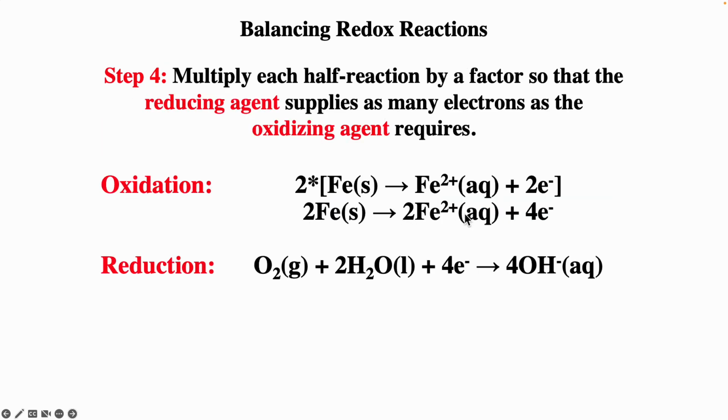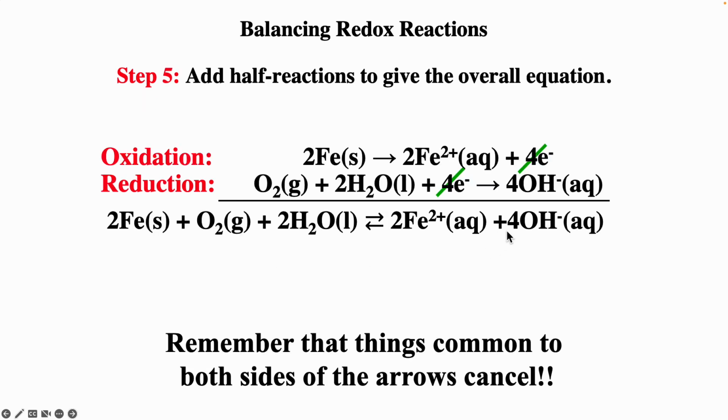And so this is a new oxidation half reaction. We have 4 electrons. Now the fifth step is we just add these 2 half reactions. And again, you can only add half reactions if you have the same number of electrons. And so the electrons cancel, and so this is our final balanced reaction.